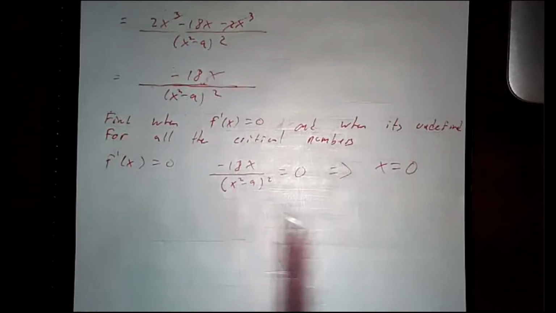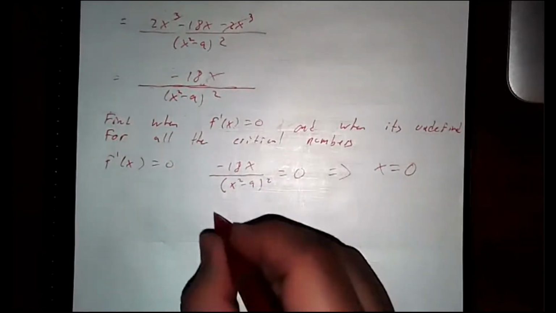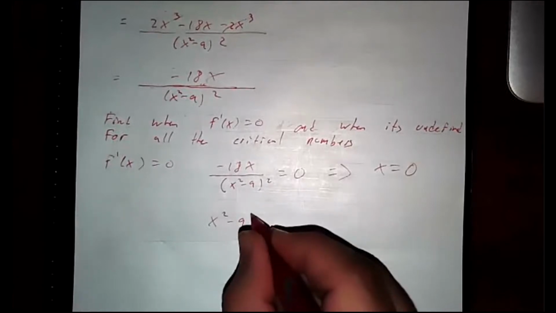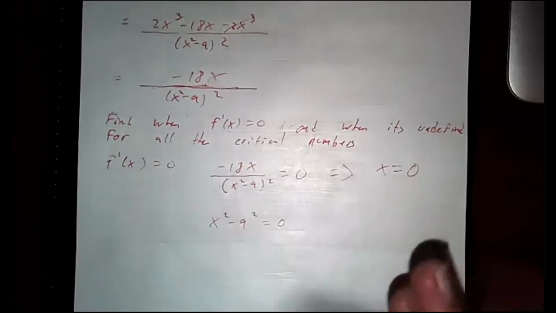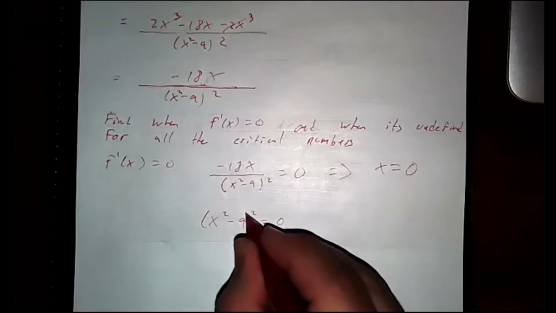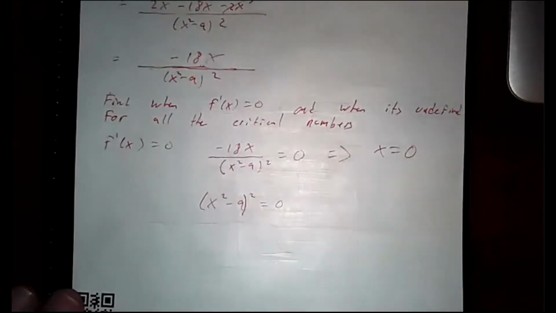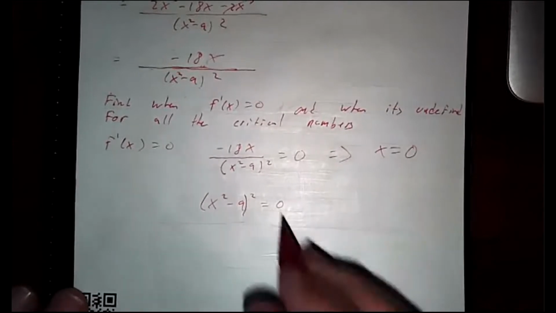So the bottom, you have to set the bottom to 0 as well to find the undefined points. The square is not going to do anything, so you can just square root both sides, which gets you to here.